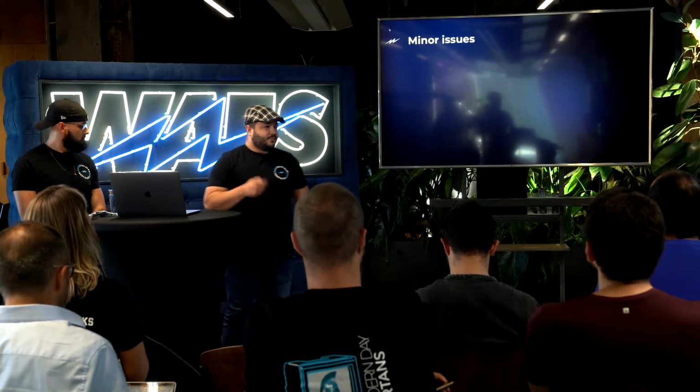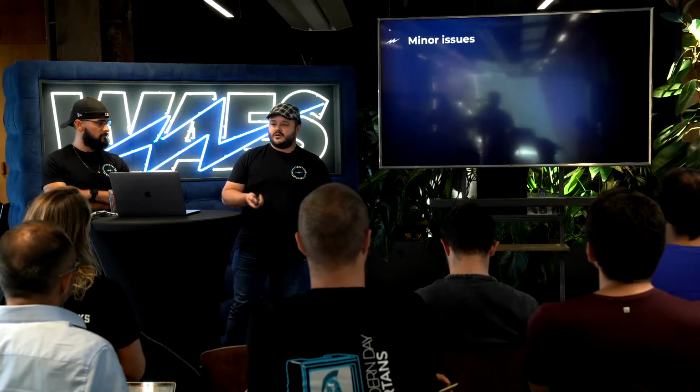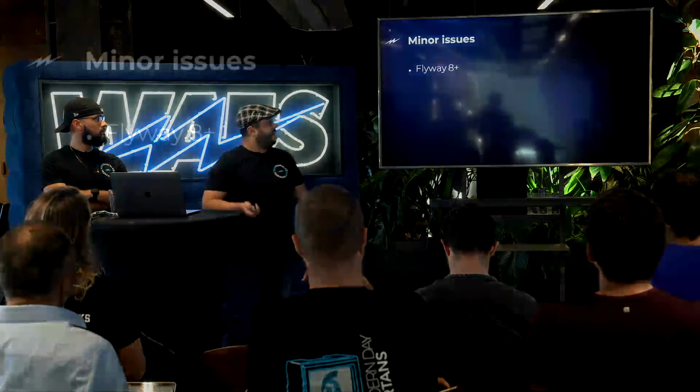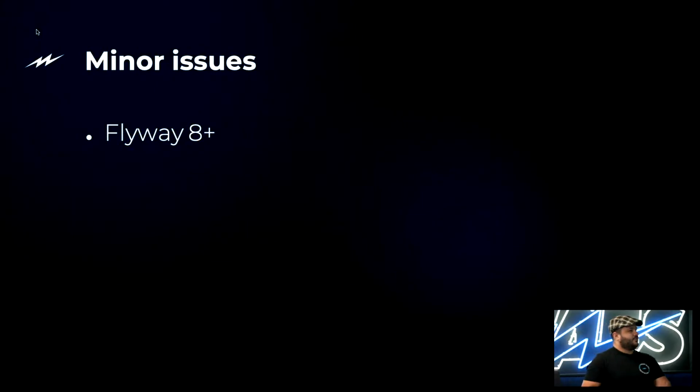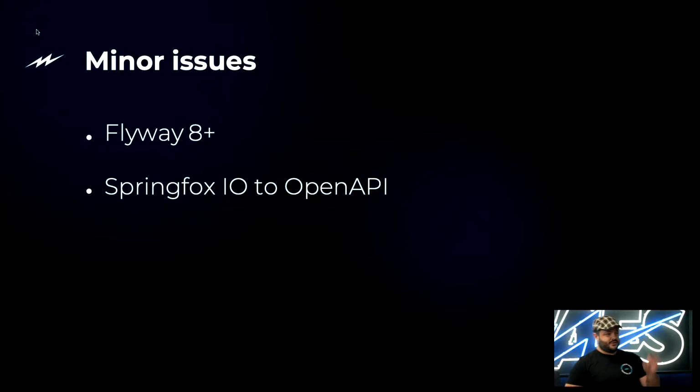We had a couple of other minor issues, but they are really well documented. I think at least one of the links in the description explains how to solve them. So Flyway, new version, there's a little bit of configuration. Usually this stuff is solved by just minor configuration, not really touching code.